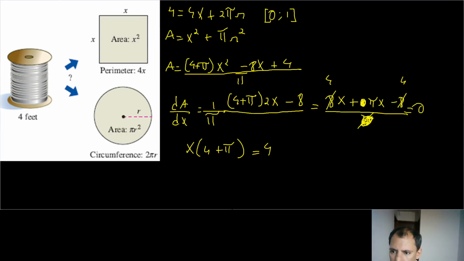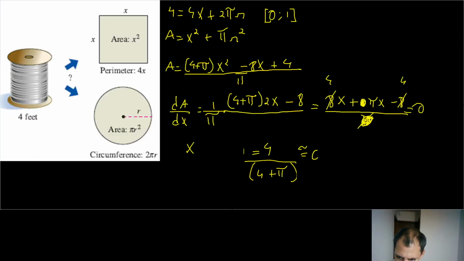Just want to see something here. Okay, so x equals this. The approximation that the book uses for this is 0.56.